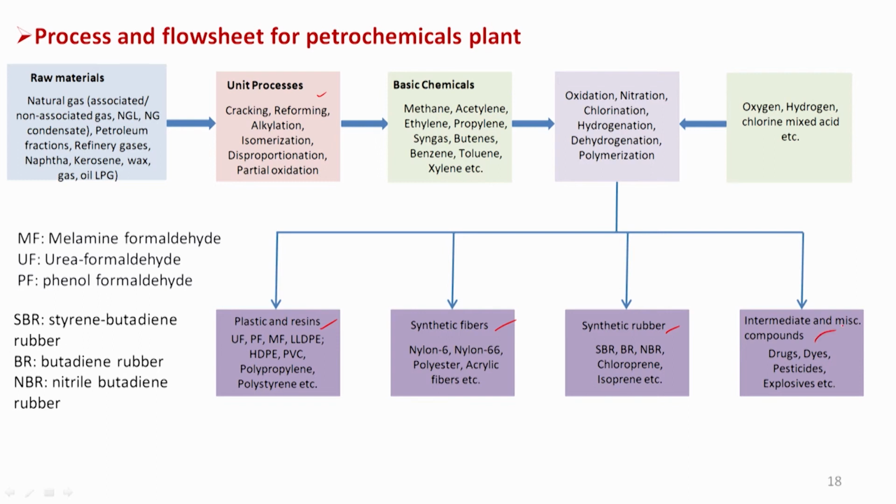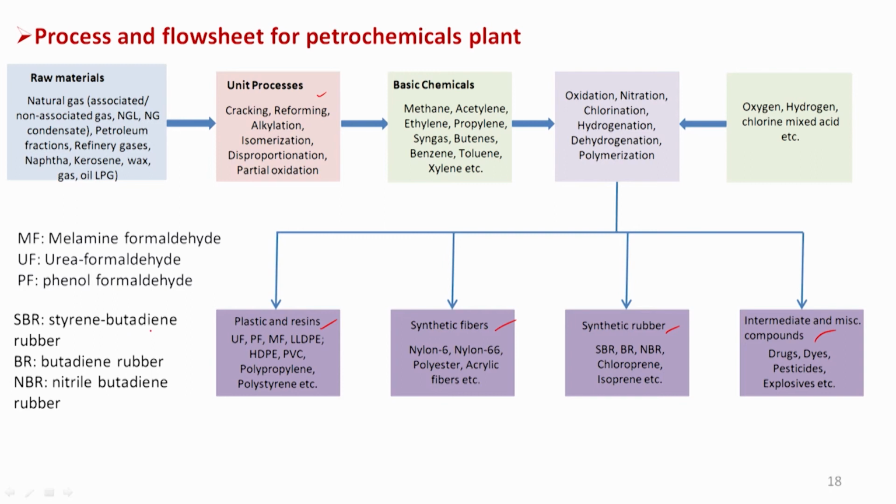So, we can get different types of compounds, like for plastics and resins we can get UF, PF, MF, LLDP, HDP, PVC, polypropylene, polystyrene, etc., where MF is melamine formaldehyde, UF urea formaldehyde and PF phenol formaldehyde resin. And synthetic fibers include nylon 6, nylon 66, polyester, acrylic fibers, etc. And synthetic rubber, SBR, BR, NBR, chloroprene, isoprene.